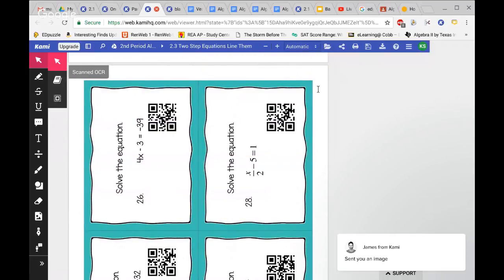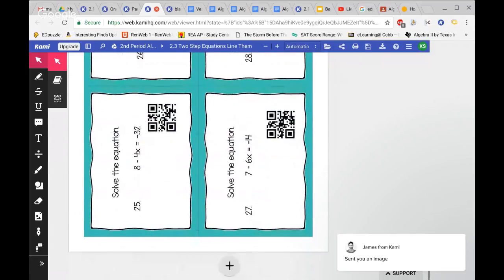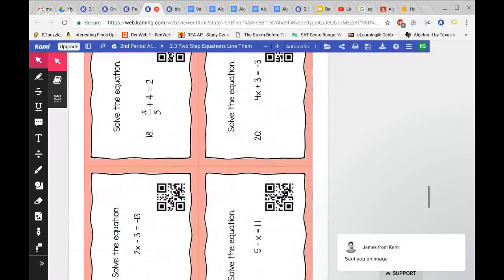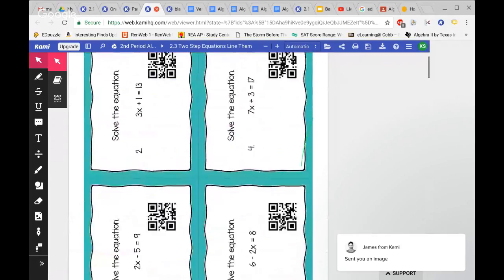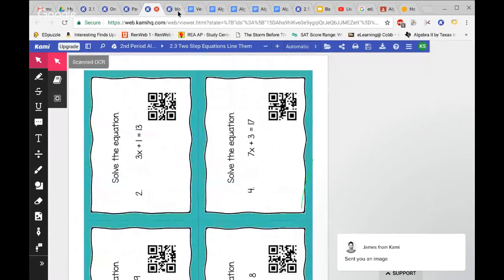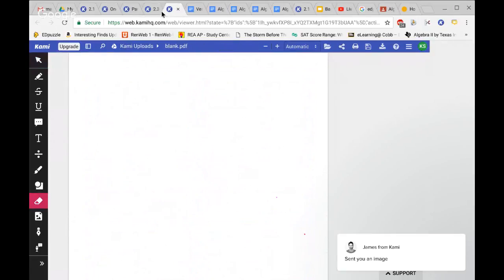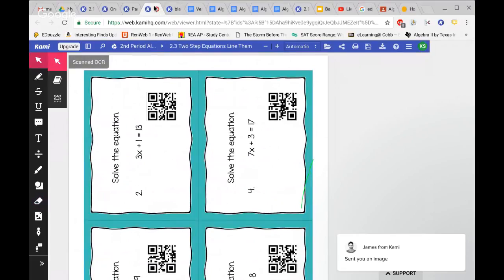Yep, because I understood with the QR thing. I just went through and took all the QR codes off them and wrote it on the answer sheet, then went through it again, wrote all the equations, and went back over all of them again. Oh, wow. You really worked hard on it. Bless your heart. Thank you.